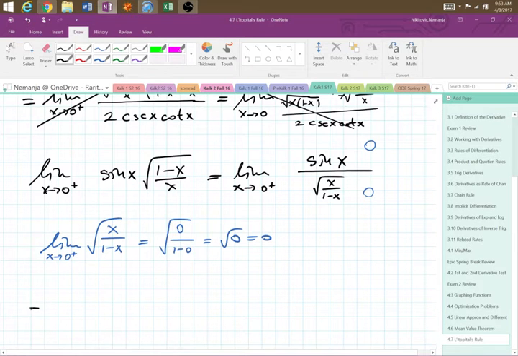So by L'Hopital, we have a limit x goes to 0 plus.